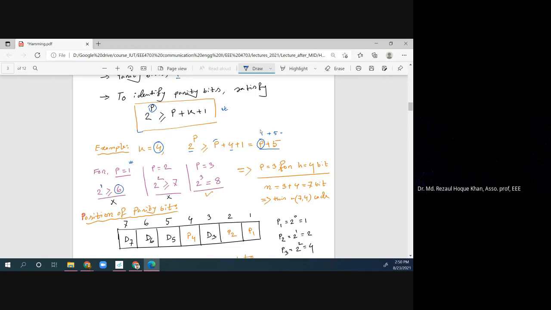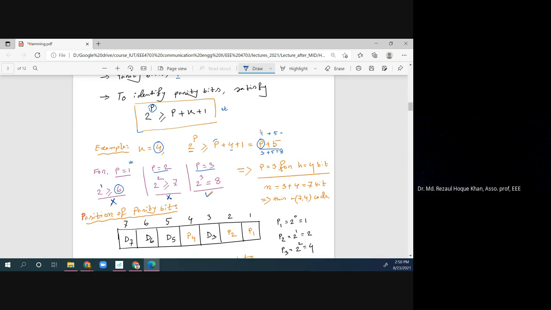No, so this condition is not fulfilled. Okay, so 2 to the power 2 when P equals 2. 2 to the power 2 is 4. Is 4 greater than or equal to 7? No. Okay, so P equals 3. 3 plus 5 equals 8. So 2 to the power 3 is 8, and 8 is greater than or equal to 8.